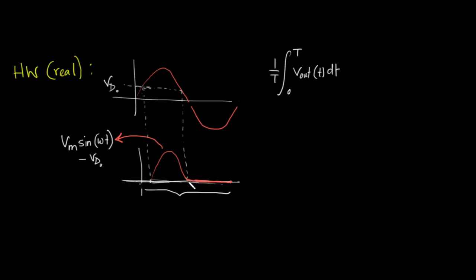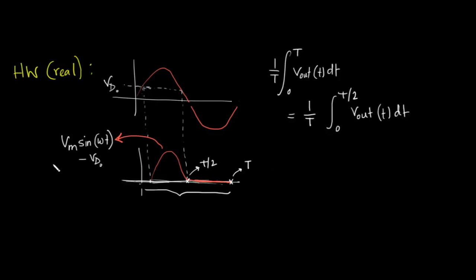Now there is no signal in the negative half cycle, no signal from T by 2 to T. So we can exclude that like before, and we can write it like this: 1 by T, integral from 0 to T by 2 of V out(t) dt.